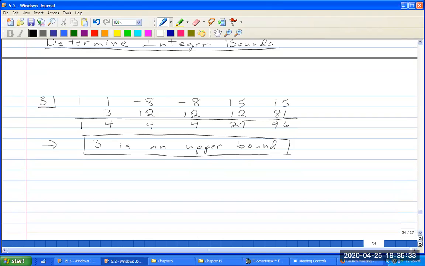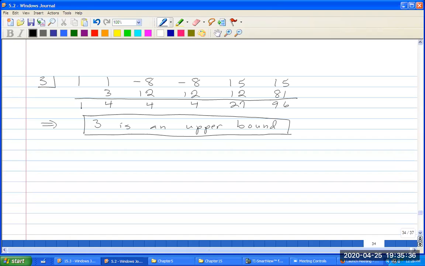Okay, so now let's do -2, -3. -2 might work, but I'm going to try -2. I would say that more than likely it's not going to work. So I'm going to try -2 with the feeling in my gut that -2 is not going to work.